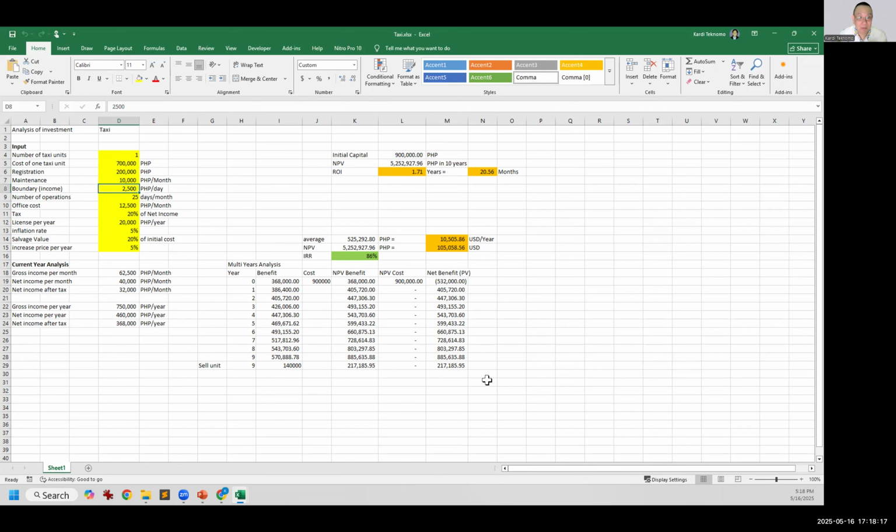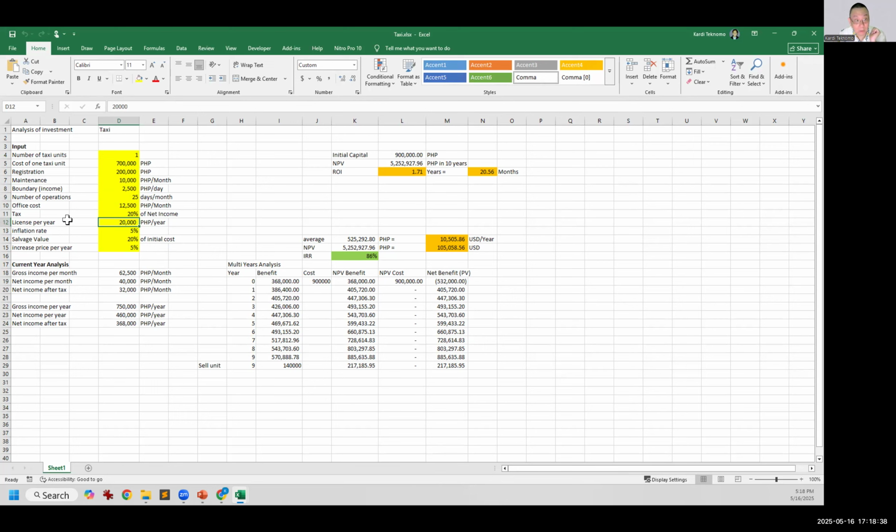The boundary means the income from the driver. Assume a certain number of operations, and these are the taxes, pretty high tax in the Philippines. And every year you also need to pay the license again to the government.